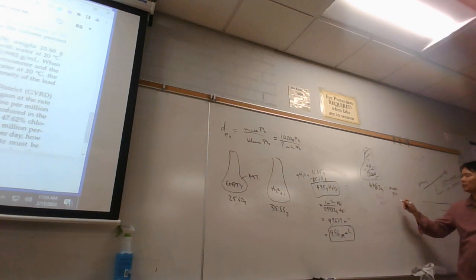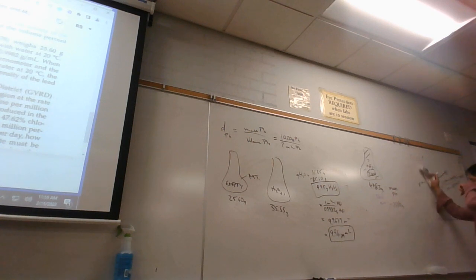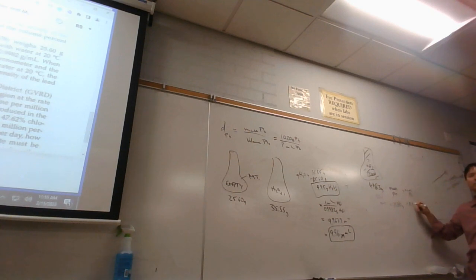The mass of the picnometer was 25.60 grams, plus the mass of the lead. The mass of the lead, well, it's given. How many grams of lead? 10.20 grams. Plus the mass of water. Do we have the mass of water? No. We don't know what the mass of water is. Can we figure out the mass of water? Yeah. And so let's solve for the mass of water.